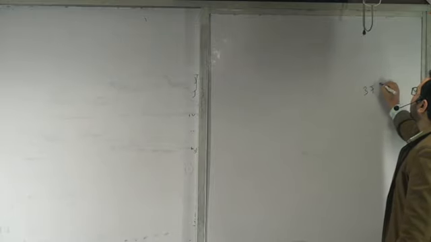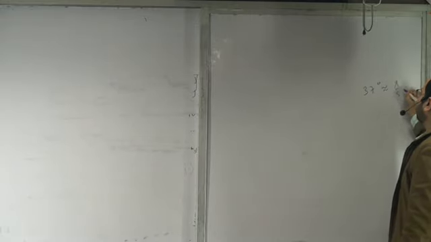How much is tan inverse of 0.75? 37 degrees. Alright, 37 degrees in radians, you can approximately write it as pi by 5. Correct? Pi by 5 is 36 degrees. So 37 degrees you can approximately write as pi by 5 in radians.